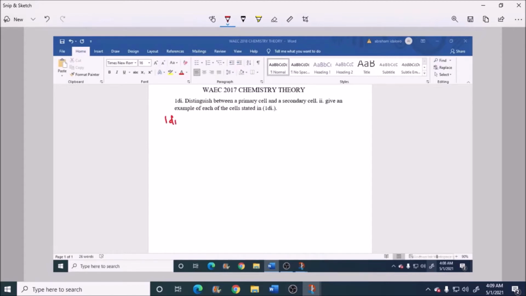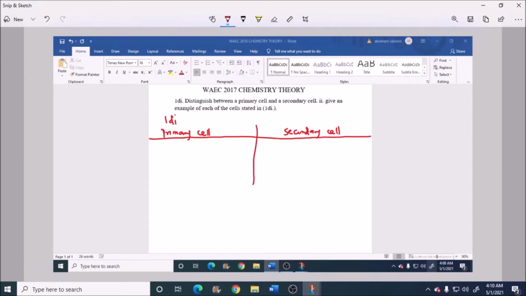So 1D Roman figure 1. We have primary cell, then we have secondary cell.